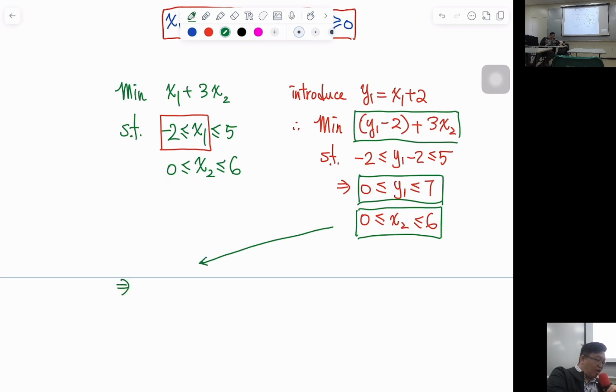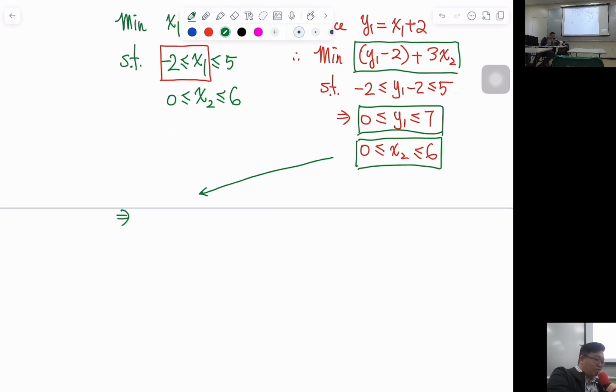Let me show you. So what do you do next? You actually have 4 constraints. You will have y1 larger than 0, y1 smaller than 7, x2 larger than 0, x2 smaller than 6. They are actually 4 inequality constraints.